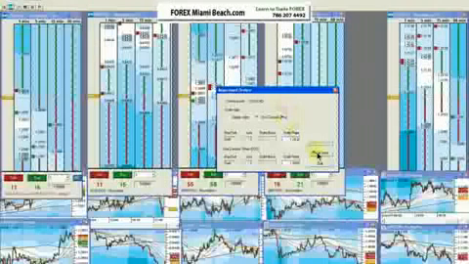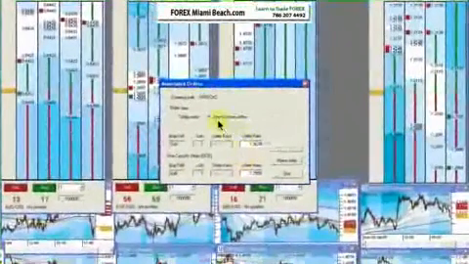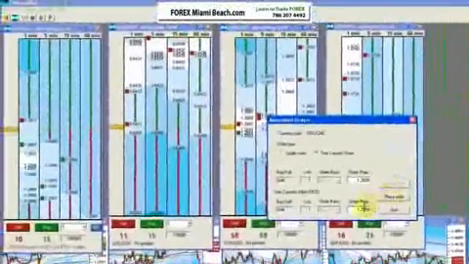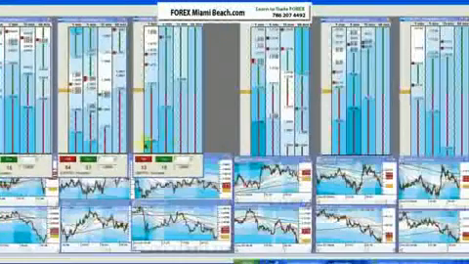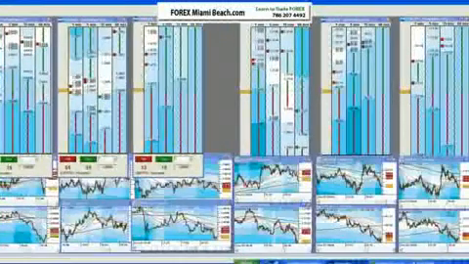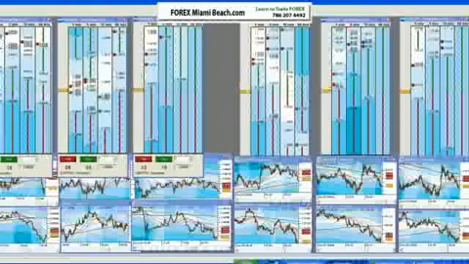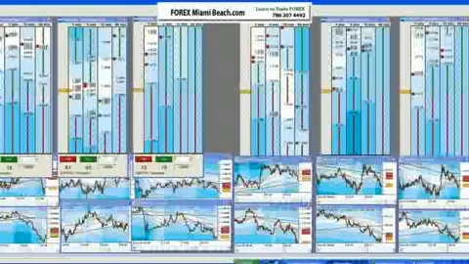So immediately I've placed what's called an OCO order, and it shows up here as one cancels the other. What this does is limit the amount of money I'm willing to lose. I'm willing to lose 20 points, or I'm going to make 20 points, but that's about it. So immediately I'm protected, so that in case this does not work out and goes against me, I'm only going to lose $200. But if it does work, which I expect it could, then I can make $200.